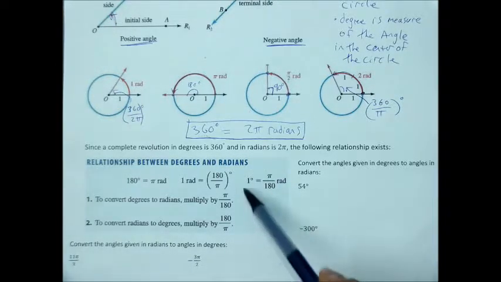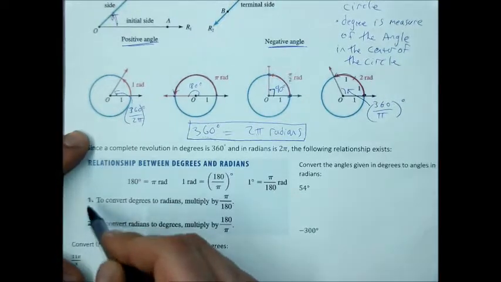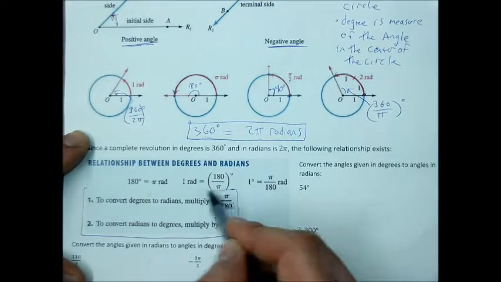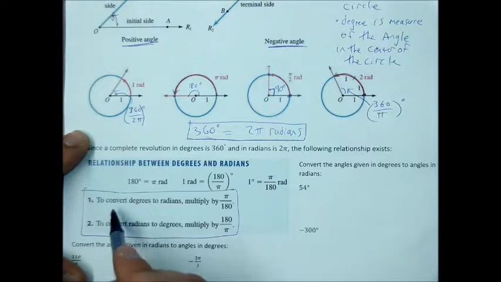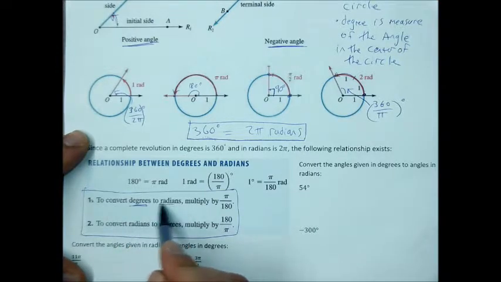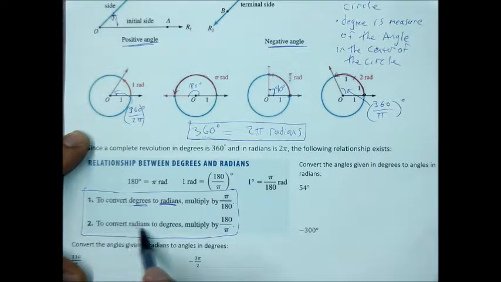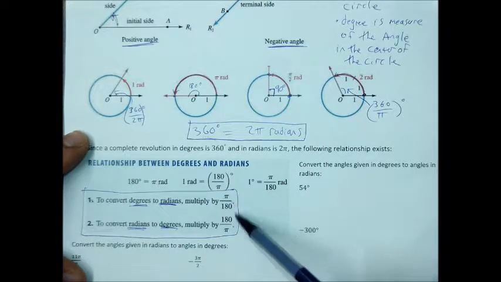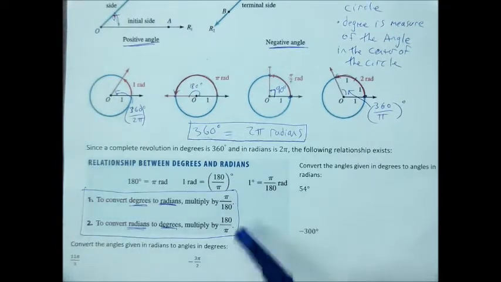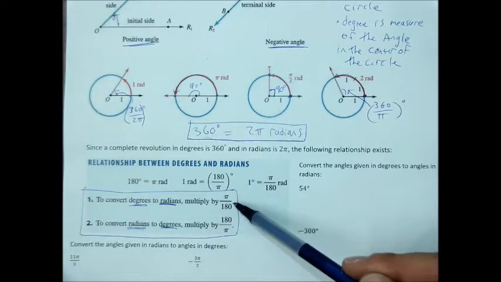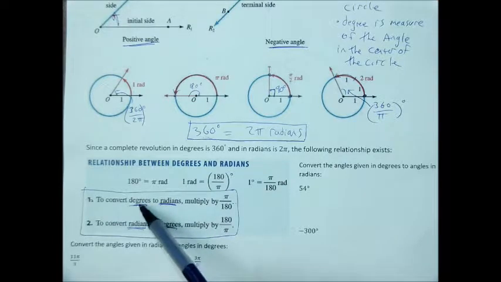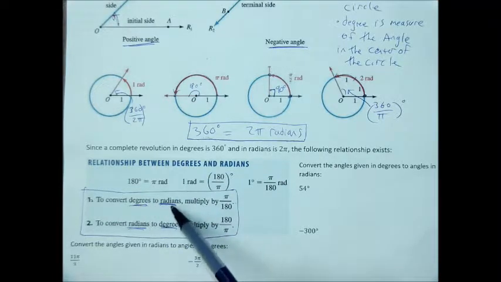What you really want to take away from this box is what's in number 1 and number 2 here. This tells us if we want to convert from degrees to radians, we multiply by pi over 180. If we want to convert radians to degrees, we multiply by 180 over pi. And so they're inverses of each other. And one way to think about that is, if we want to go from degrees to radians, we want to cancel out the degrees and give a radians.